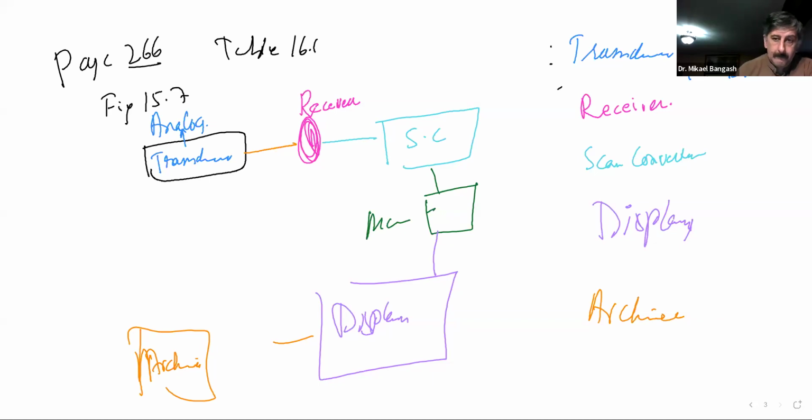And that dynamic range starts to decrease as we go from transducer to receiver, from receiver to scan converter, from scan converter to display, from display to archive. Did you guys get that?